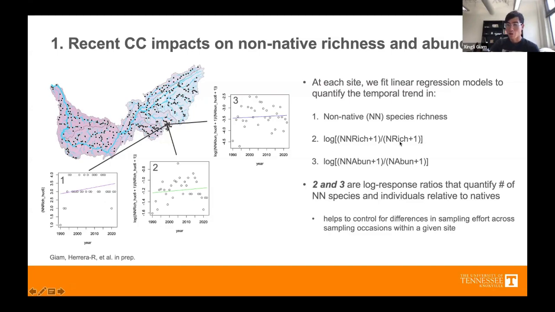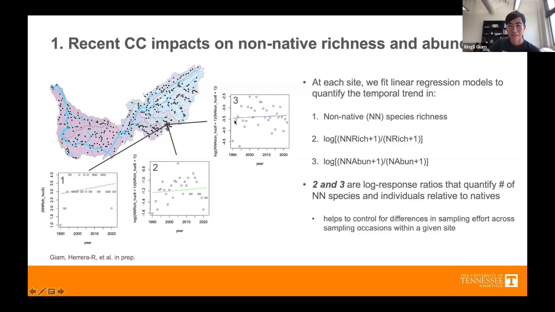The reason why we did this log ratio is because I found that it's a meta-analysis method. By taking a log ratio, it makes the values more symmetrical and it behaves better. So you can see in this case, for number 2, the y-axis is your log response ratio of non-native to native richness, and your x-axis is your year, and you can see that we fit a trend and it's increasing.